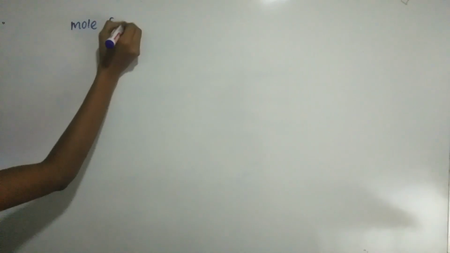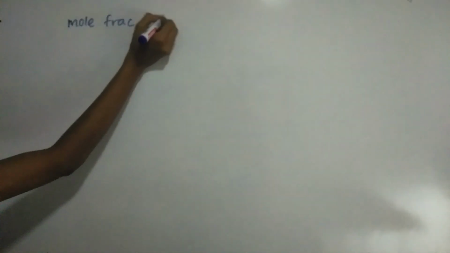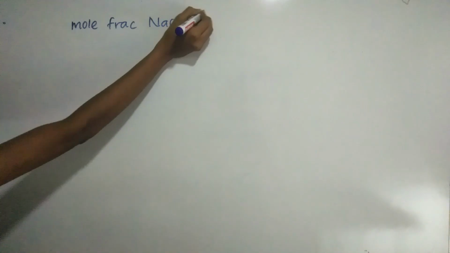Here they are asking us to find the mole fraction of sodium hydroxide. This is what they are asking. But they haven't given us the number of moles of anything.